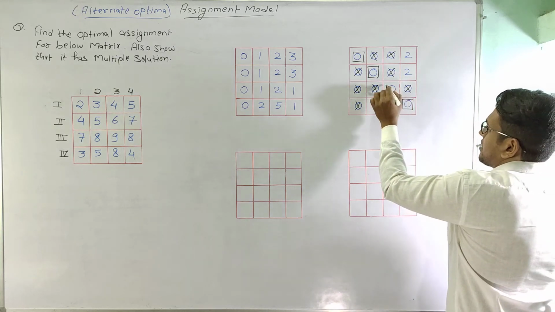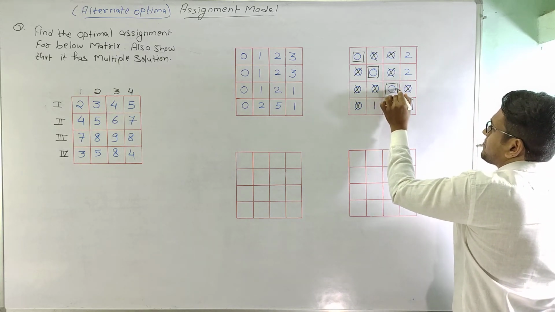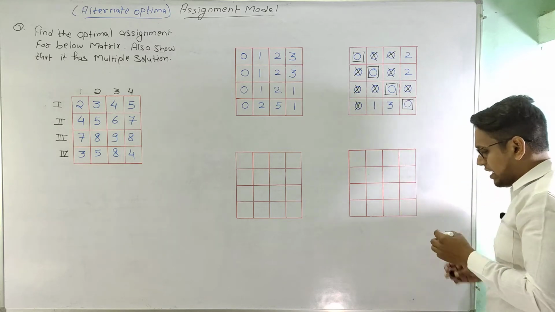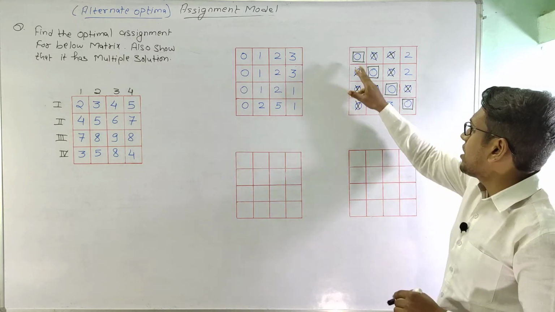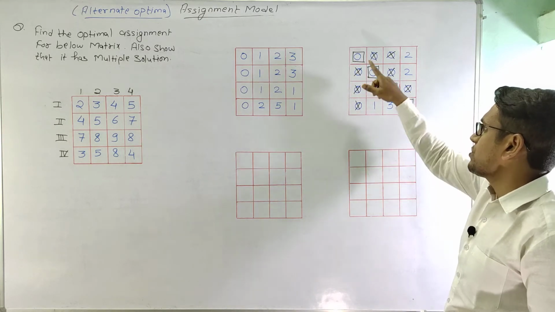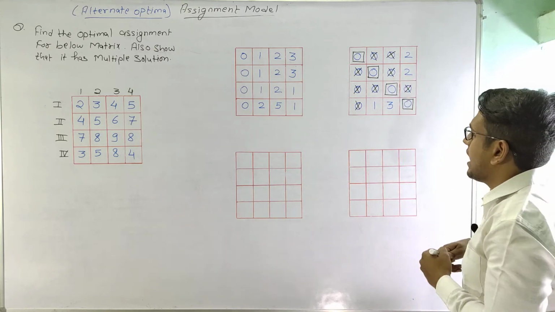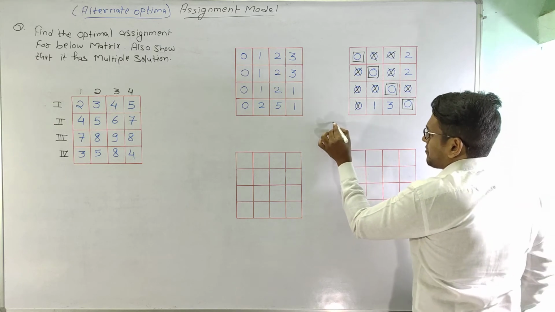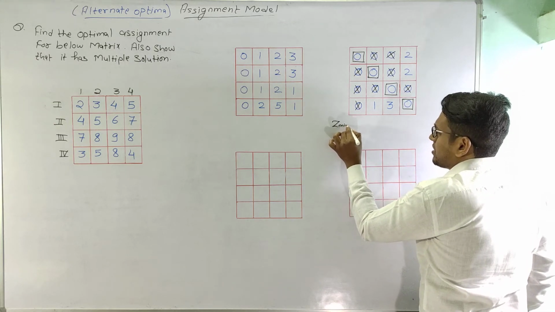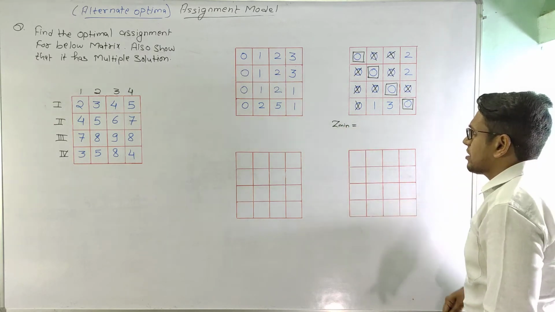So we can assign this easily, and after this we can see that we have 4 assignments in a 4 cross 4 matrix. That means we have our optimal solution here, and after obtaining the optimal solution we will calculate the minimum z that is coming.